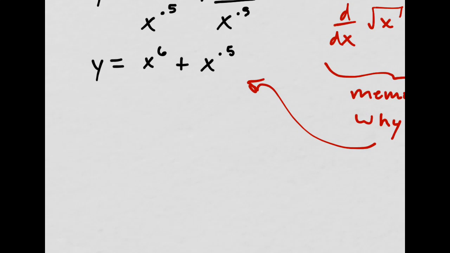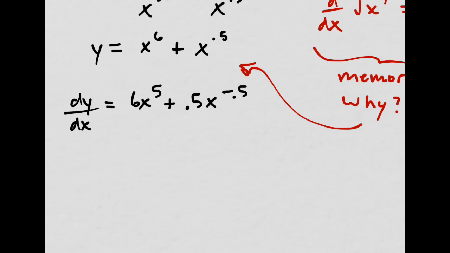Okay, so let's take the derivative now. I got dy dx, since they're asking for dy dx, so I might as well use the notation they're using. Dy dx equals 6x to the 5th. Easy. And then we got 0.5 x to the 0.5 minus 1, which is negative 0.5.